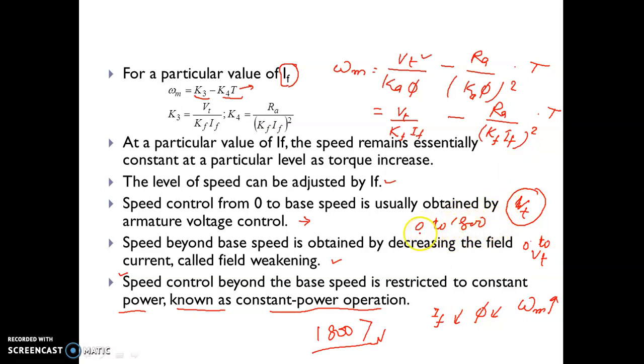You can control the speed from 0 to 1800 very smoothly. That is why this motor found very good applications. But now the AC machine came, and the same characteristic can also be obtained with the help of the AC machine. So nowadays the AC machine is preferred more as compared to the DC machine.